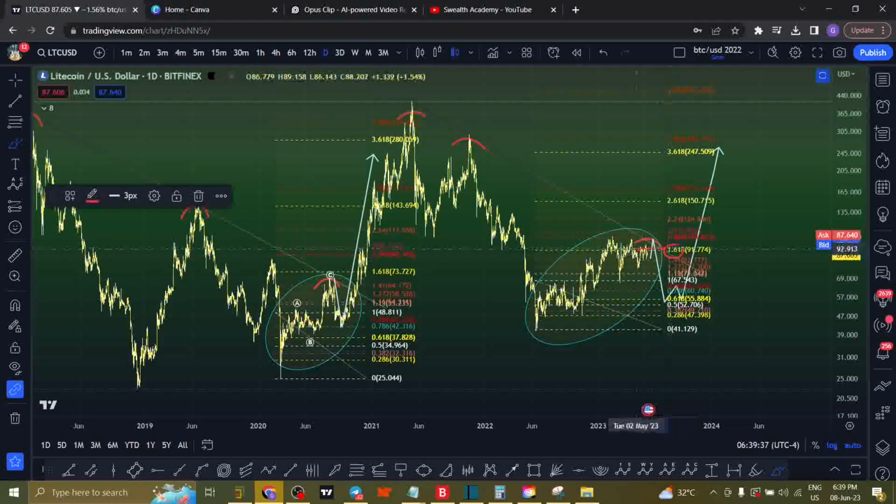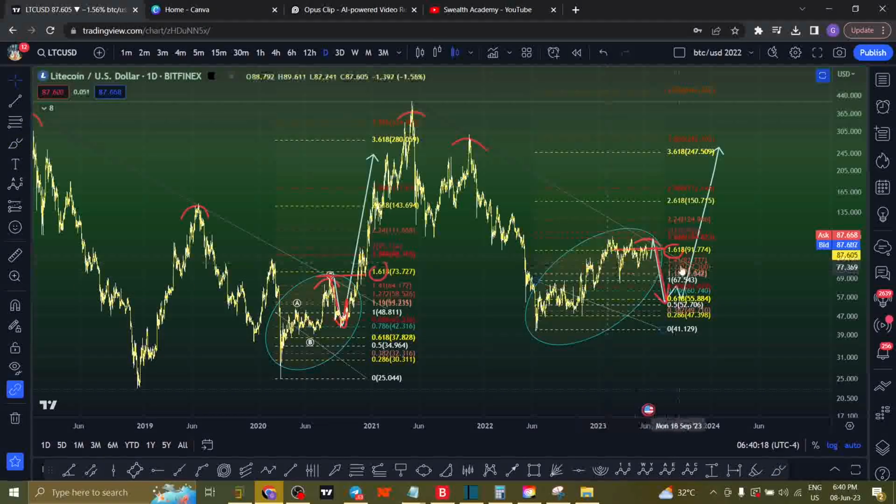We have our 0.618, which when triggered caused a major pullback. So if the same fractal were to be copied once again, do expect a pullback to the downside. Our fractal method is indicating that a pullback is important before a continuation to the upside.